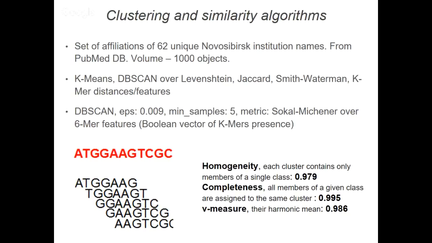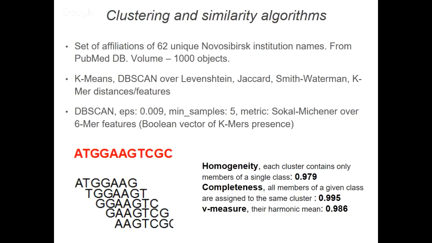And the metric was the so-called marginal metric over 6-mer features. Here I introduce the notion of a K-mer, as you can see in this picture. A K-mer is just a K-character-length substring of a string, taken with a shift by 1.